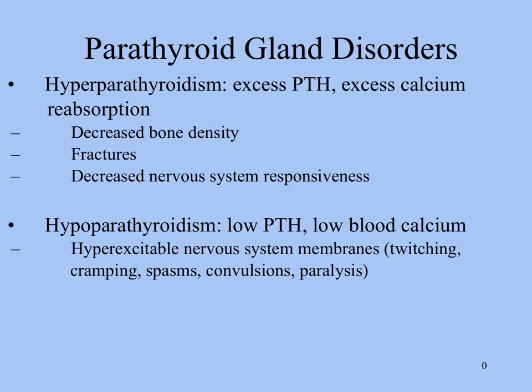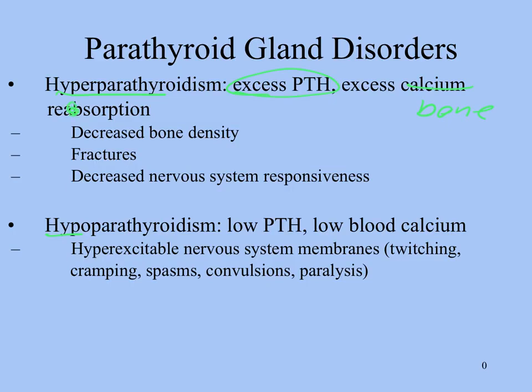If parathyroid hormone is not working properly, in other words, if we have too much, as in hyperparathyroidism, or too little, hypoparathyroidism, with hyperparathyroidism, we have excess PTH. Therefore, we have excess bone. There's a typo here. Bone resorption.